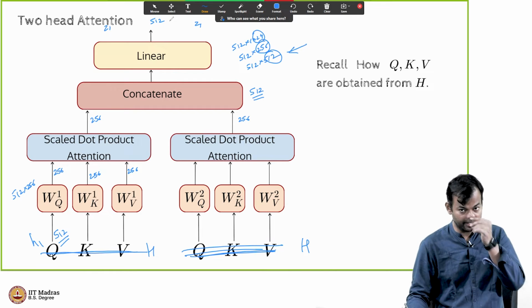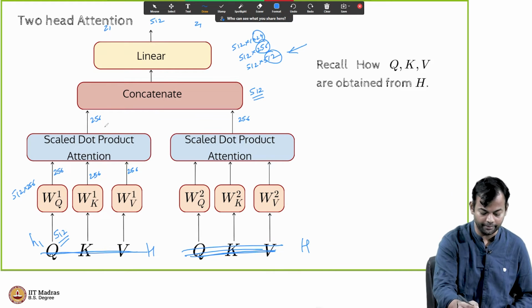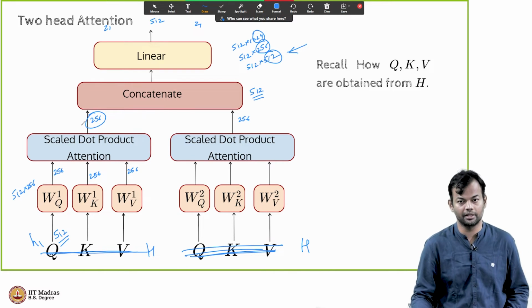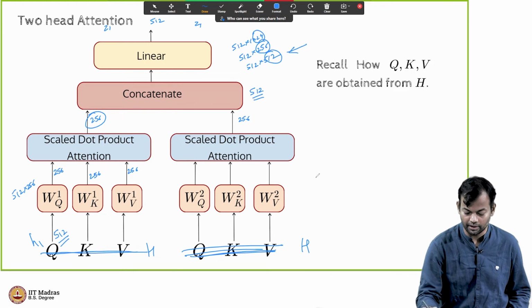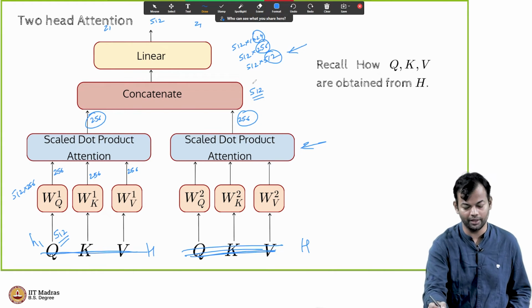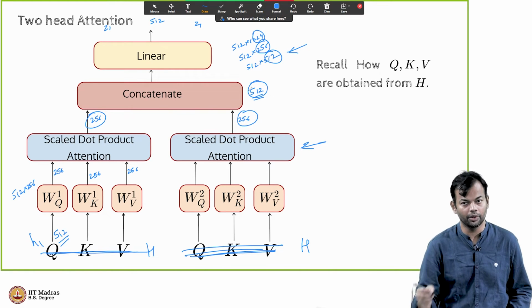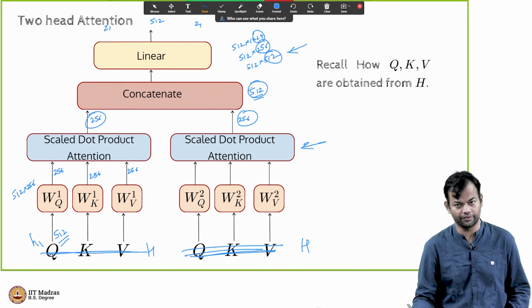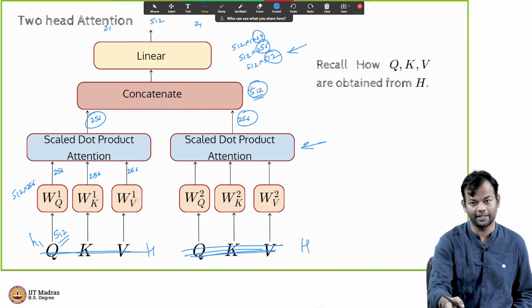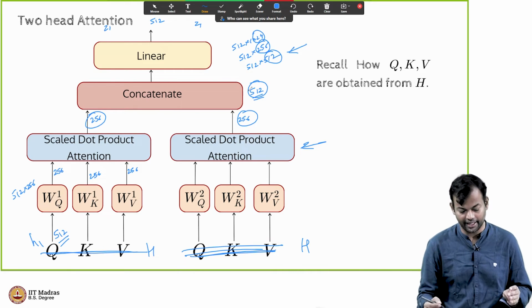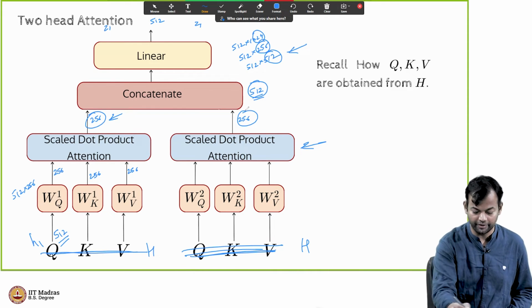So let's just understand it correctly. This H1 gave me a 256 dimensional Z1. Through this self attention, I got another 256 dimensional Z1, and then I got a 512 dimensional output here, which I again pass through a linear transformation. Because you're going to concatenate, it makes sense that the output of each of these is small.